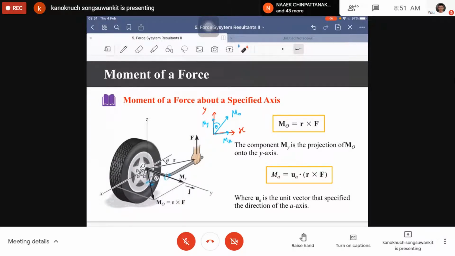It can be found by using the dot product. Normally, we have MO equal to R cross F. We want to project MO onto the y-axis, so we have to dot it with the direction of y to make it become the moment along this axis.